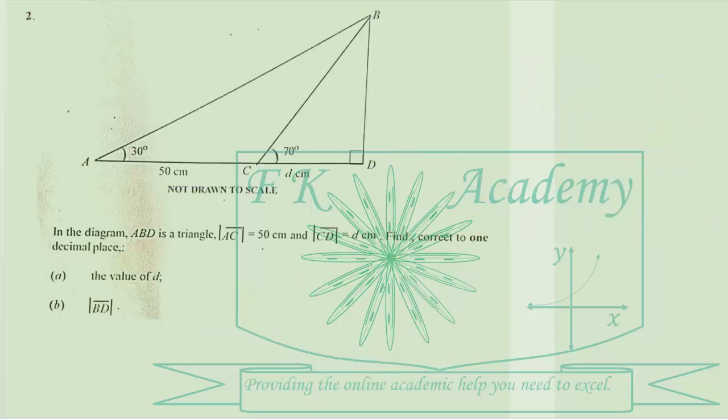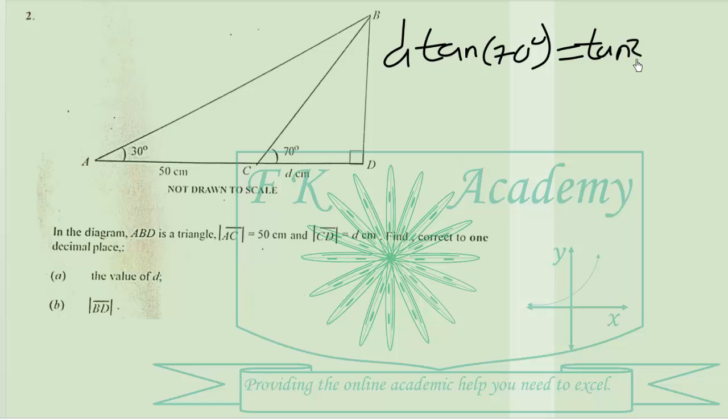So D tan 70 degrees is equal to tan 30 into bracket D plus 50.